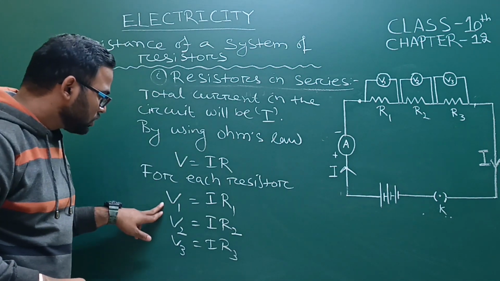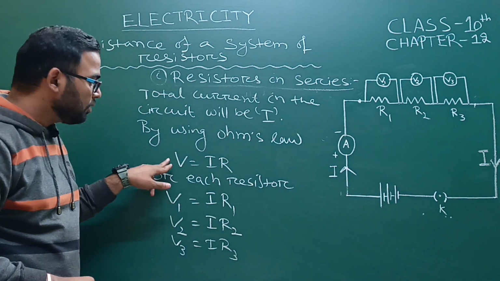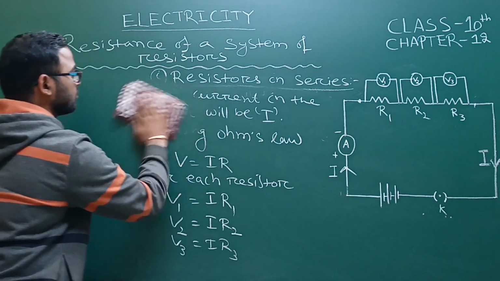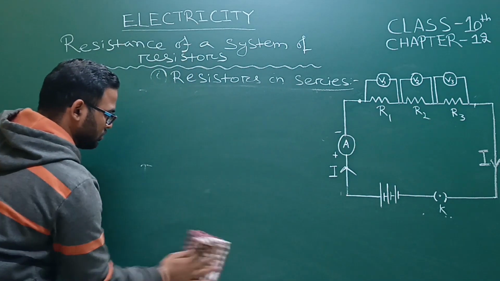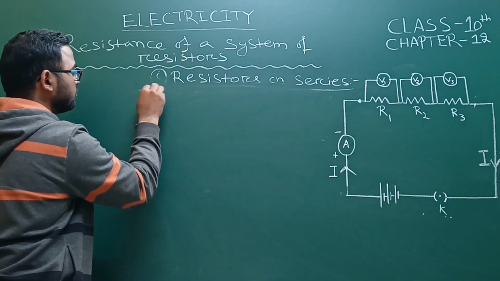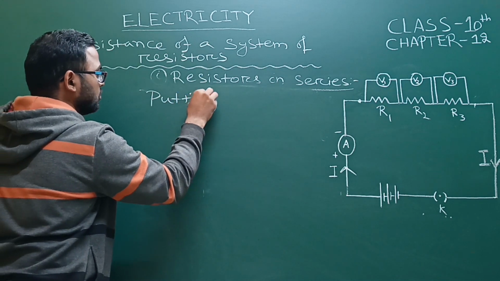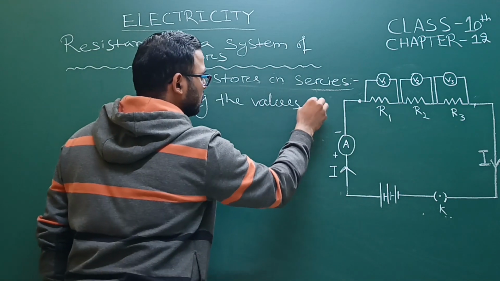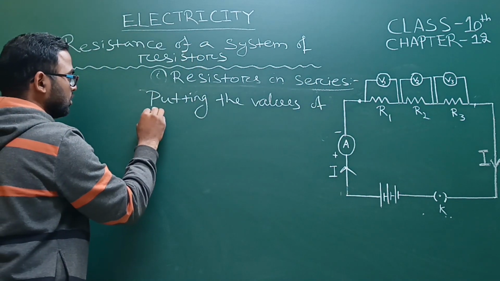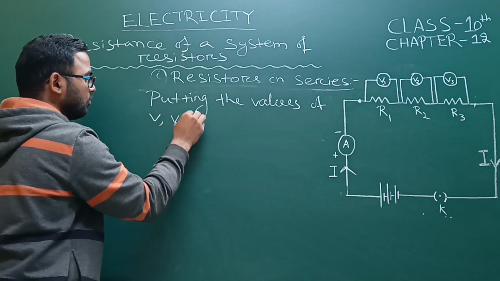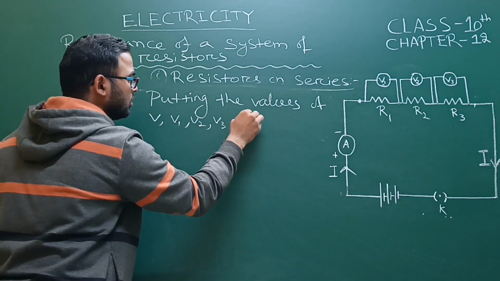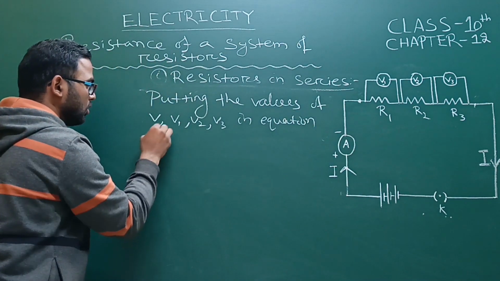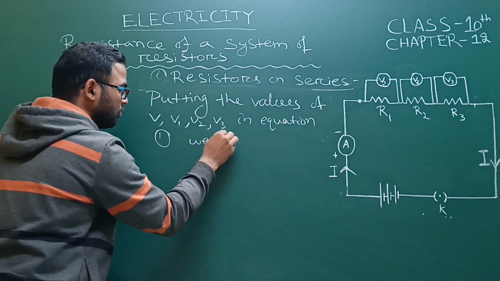If I put the values of V1, V2, V3 and V in equation 1, what will I get?